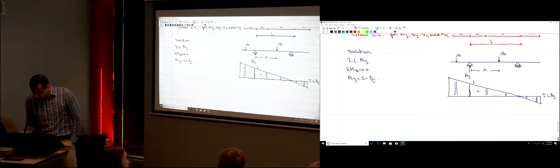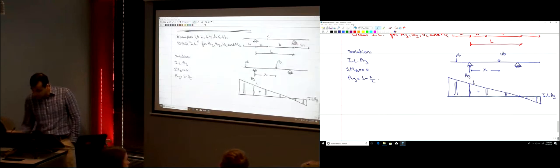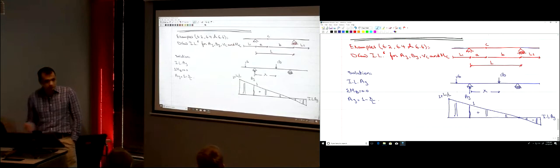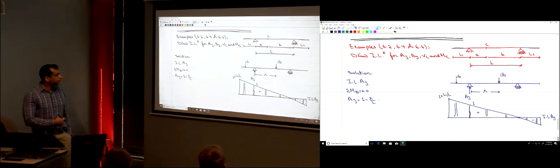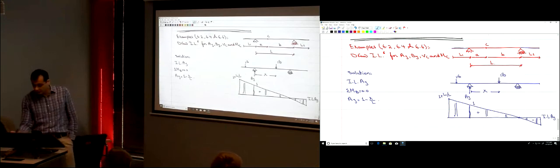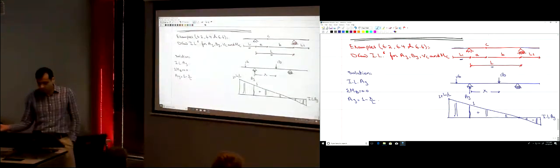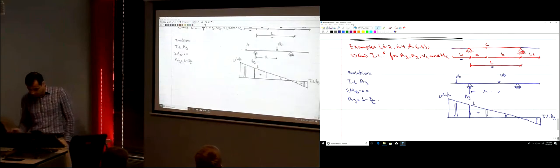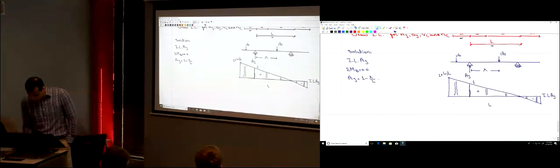So how much is this? From the similarity of the triangles, it's going to be 1 plus L1 over L, because this distance here is L, and this distance here is L1.